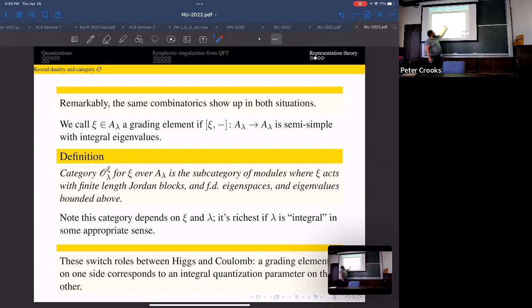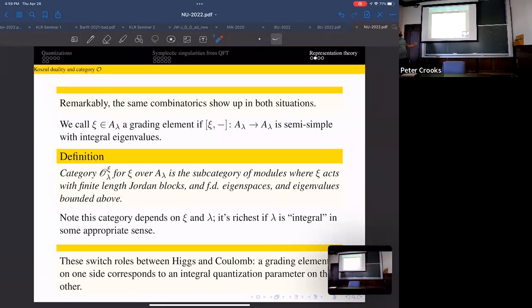If I go to the semi-classical world, I'd be taking Poisson bracket with the function, and having integral eigenvalues is exactly telling me that the function generates a circle action. So geometrically, the thing I should be thinking about is having a Hamiltonian circle action on my variety.